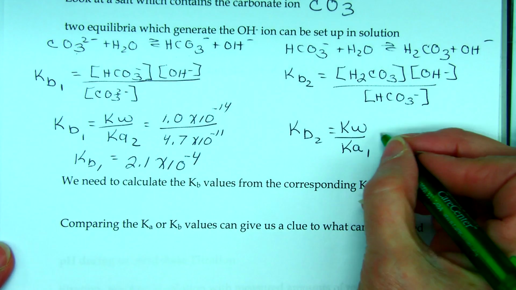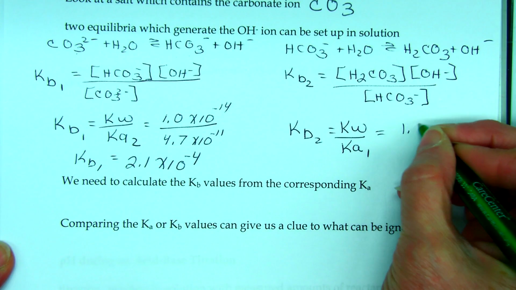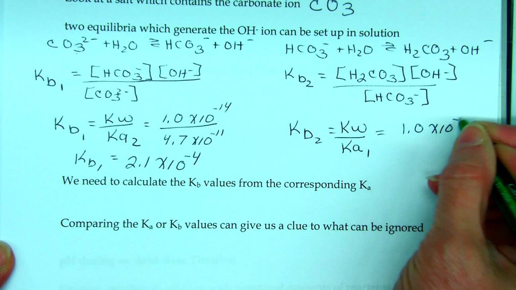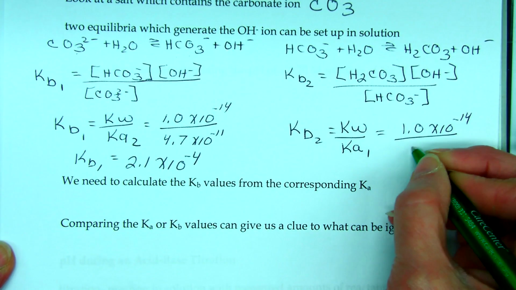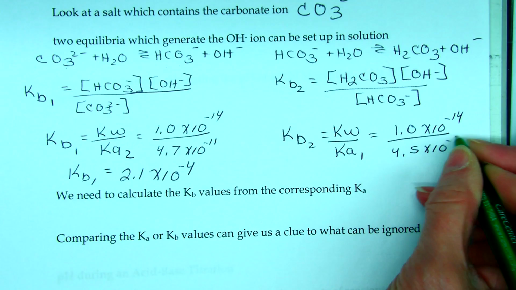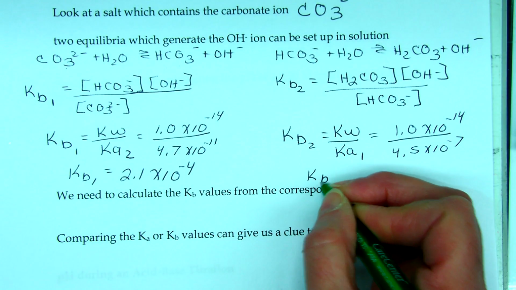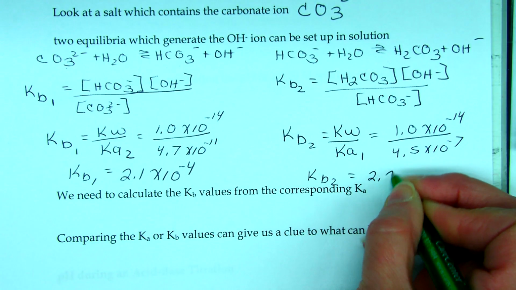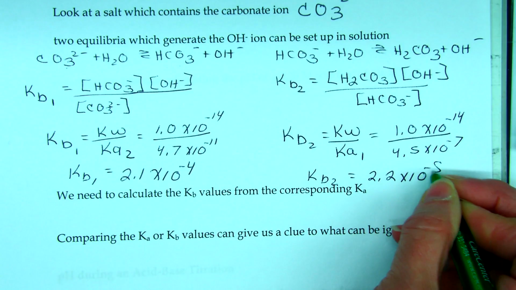Then my Kb2 is equal to Kw, 1 times 10 to the negative 14th, divided by my Ka1, which was 4.5 times 10 to the negative 7th. So my Kb2 is 2.2 times 10 to the negative 8th.